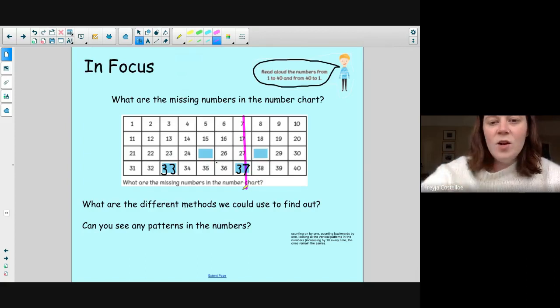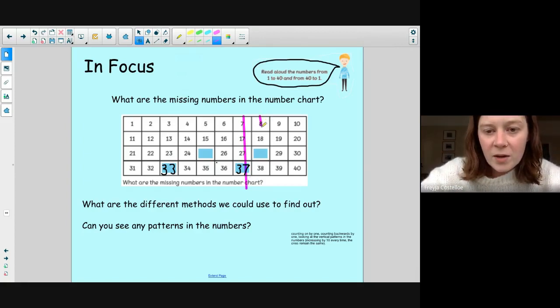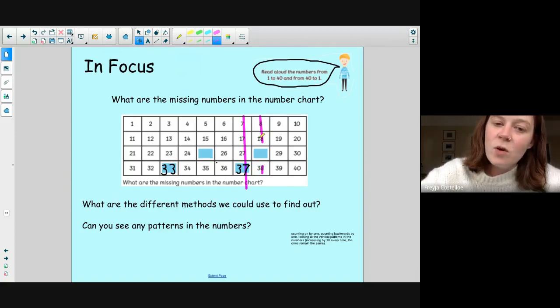So let's have a look here. And let's start off by looking at the ones in this column. So we can see our ones are all the digit 8. And let's look at our tens. We've got 10 here showing us that this is 18, and 3 tens here showing us that this is 38.